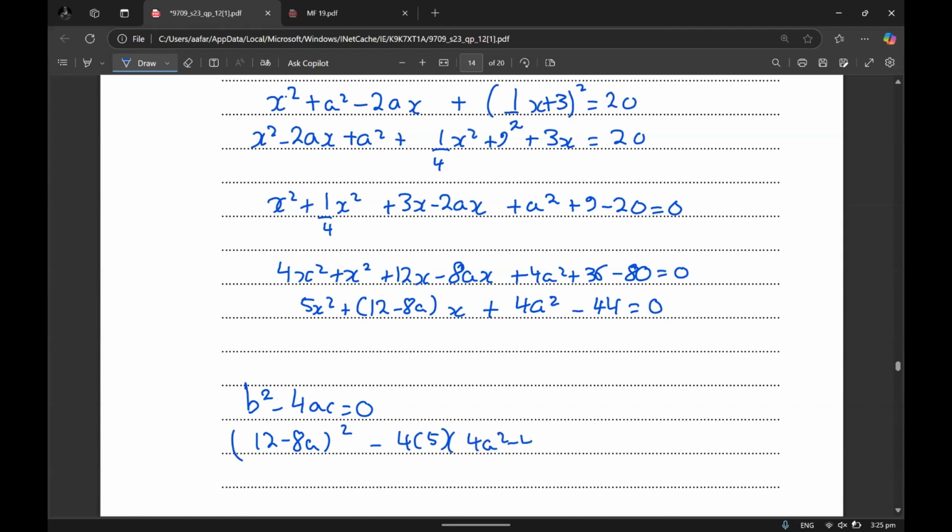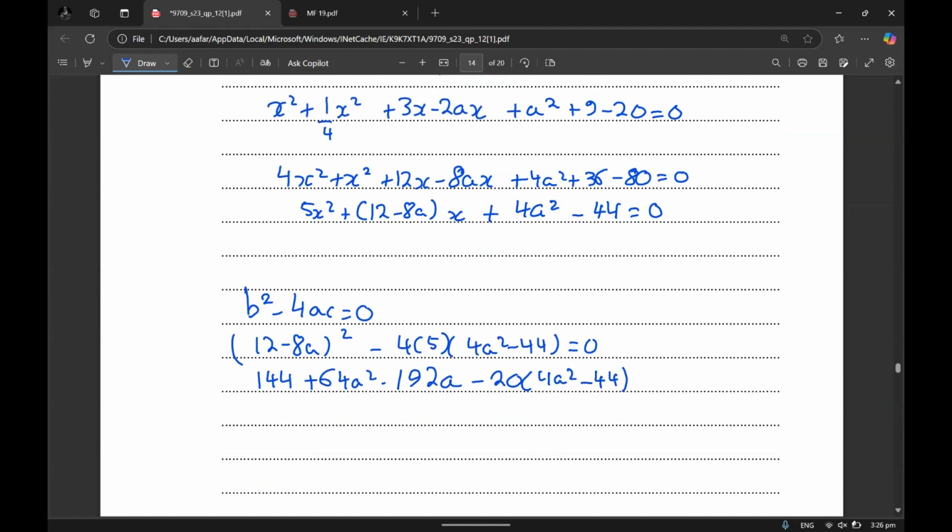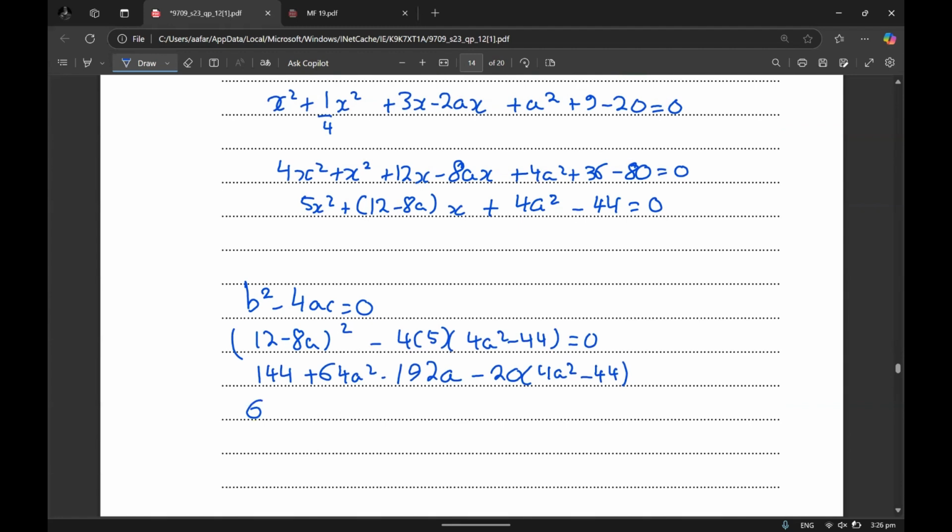144 plus 64a square minus 192a minus 80a square plus 880.